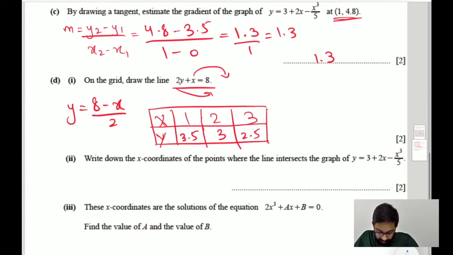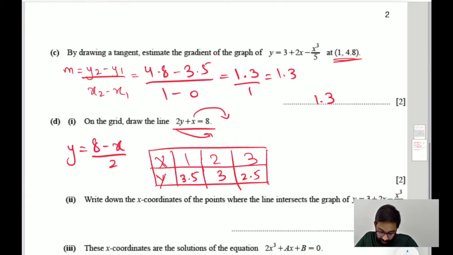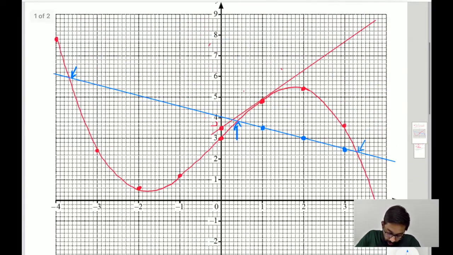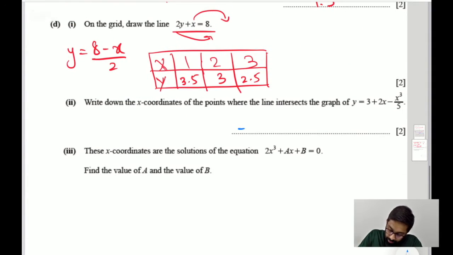The question says, write down the x coordinates of the points where the line intersects the graph of y equal to 3 plus 2x minus x cube over 5. So the x coordinate of the first point, this one, is going to be negative 3.7. Okay, we'll write that. Negative 3.7.